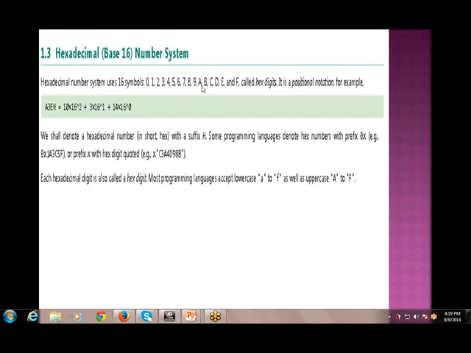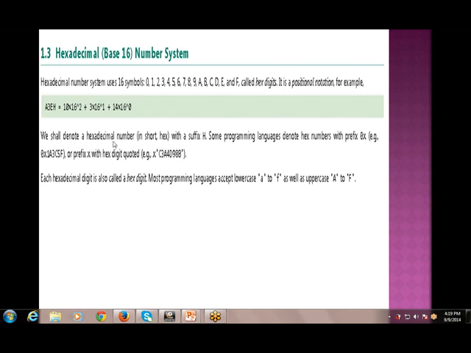Then 10 is represented by A, 11 by B, 12 by C, and then 13, 14 and 15. So starting with 0 and ending with 15, first using 0 to 9 as digits, and from 10 onward it is represented by characters.